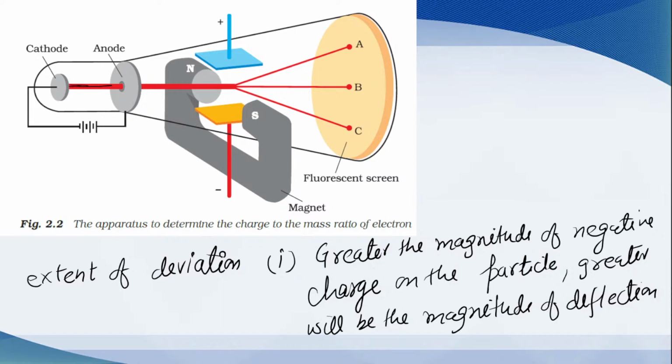That is, they strike the screen at point B. C is in the presence of magnetic field, and A is in the presence of electric field.